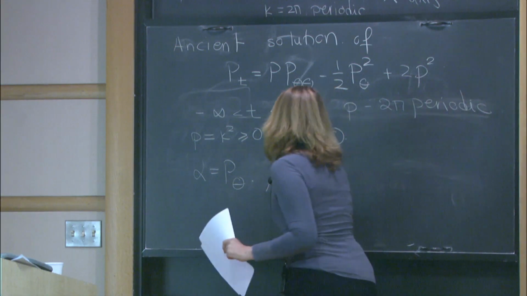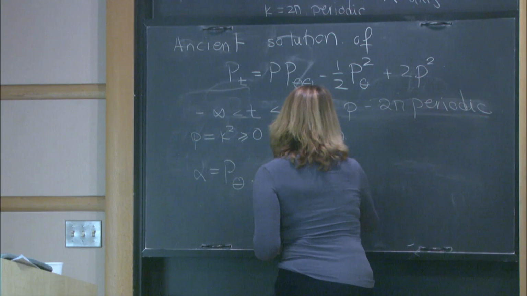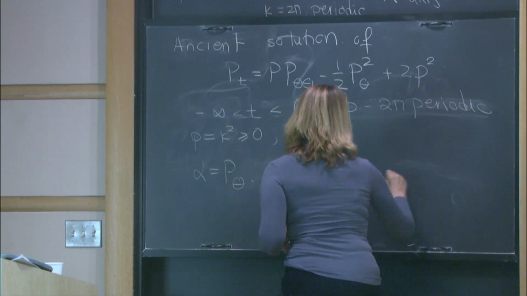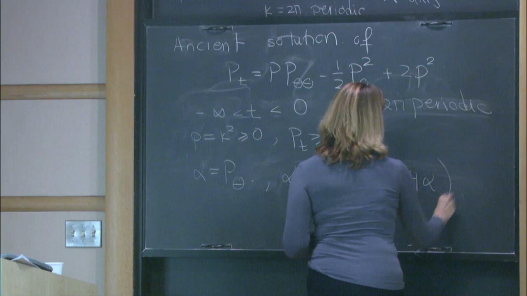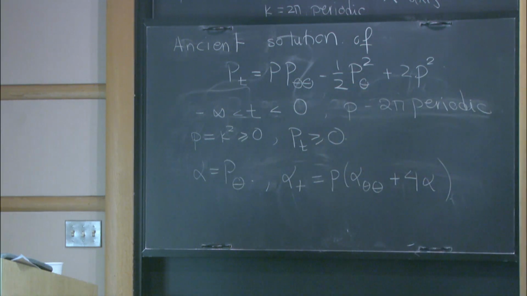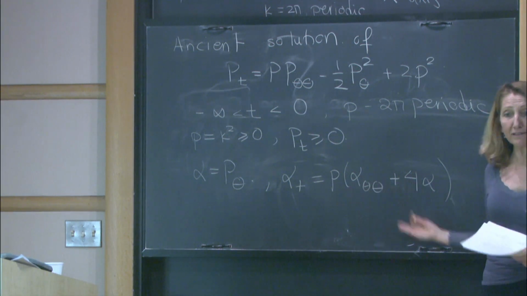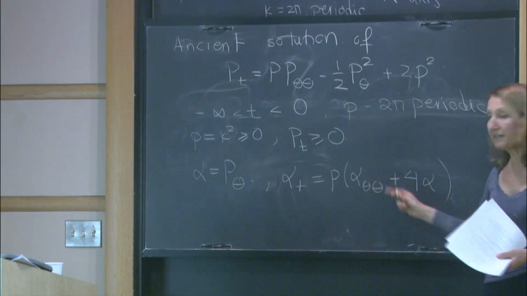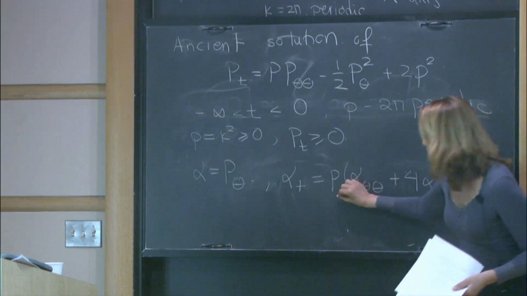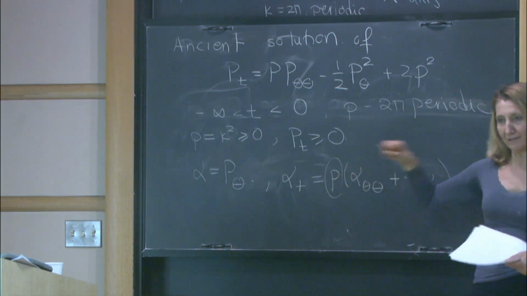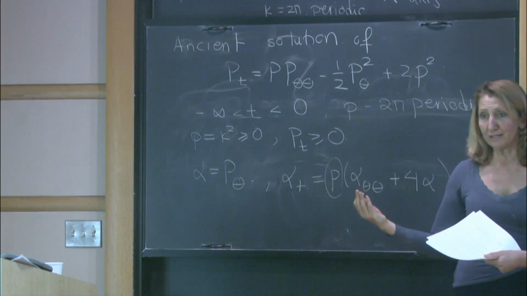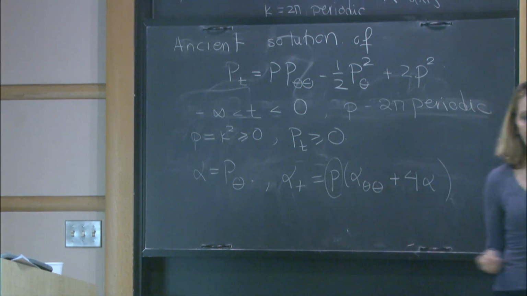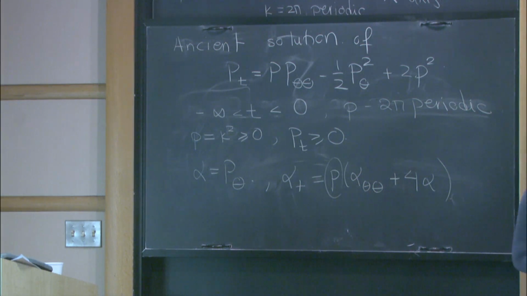Alpha satisfies alpha sub t equals P alpha theta theta plus 4 alpha. This is almost like a heat equation, a very simple parabolic equation where you can really view P as a coefficient. Of course, in this case it's a nonlinear equation because of the dependence, but I can also view it like that.